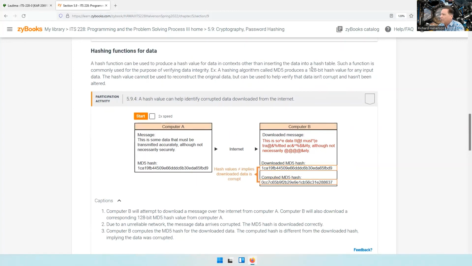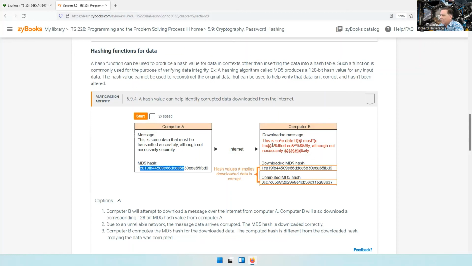This MD5 produces a 128-bit hash value for any input data. So you have a message written like this, and you run it through this MD5 hashing and it produces this.